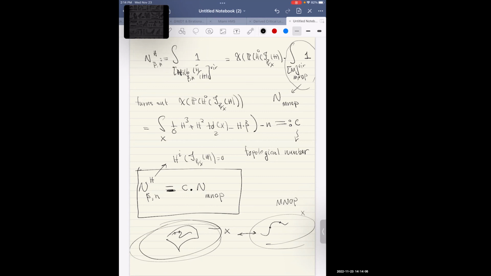MNOP invariance a priori counts all possible curves in X. We are not saying we are counting all of them. We are counting infinitely many curves, but only the ones for which this cohomology class vanishes.